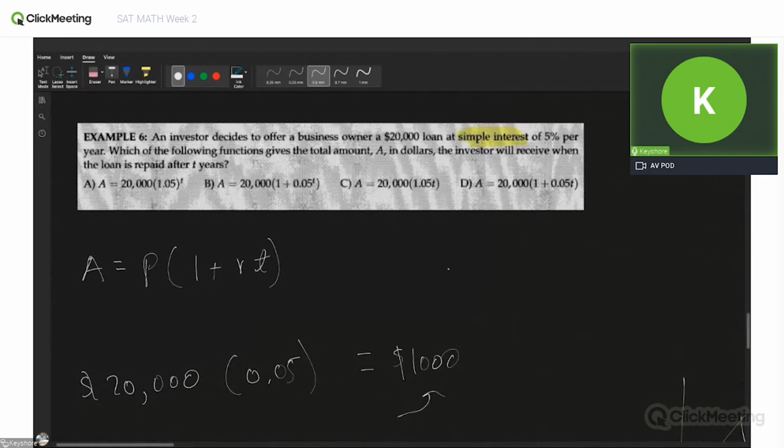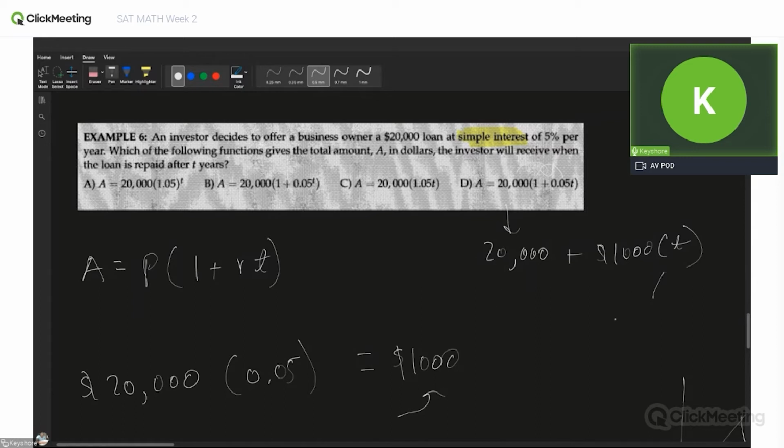So here, basically what we're doing is taking $20,000, the original amount. The answer here is D, because this is basically saying $20,000 plus $1,000 times T. If I have 0 years, which is right as soon as I deposit, I'm just going to have $20,000.